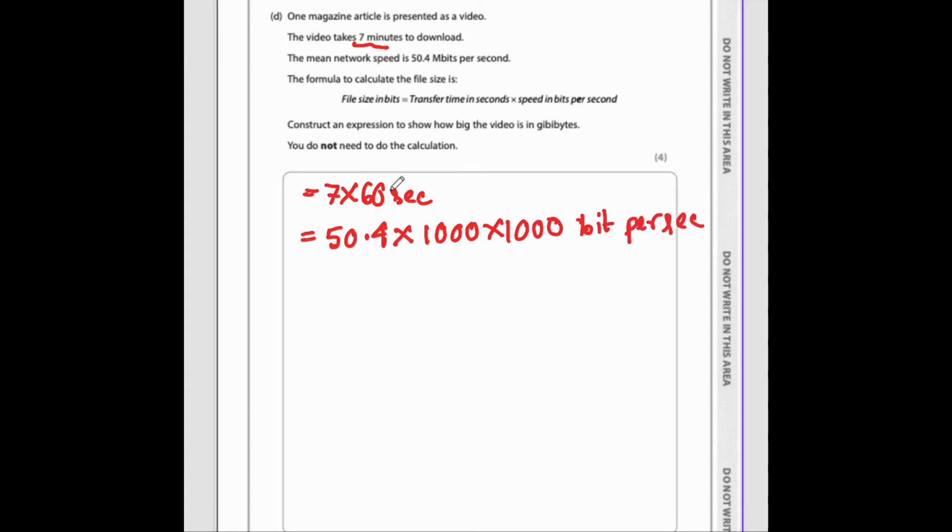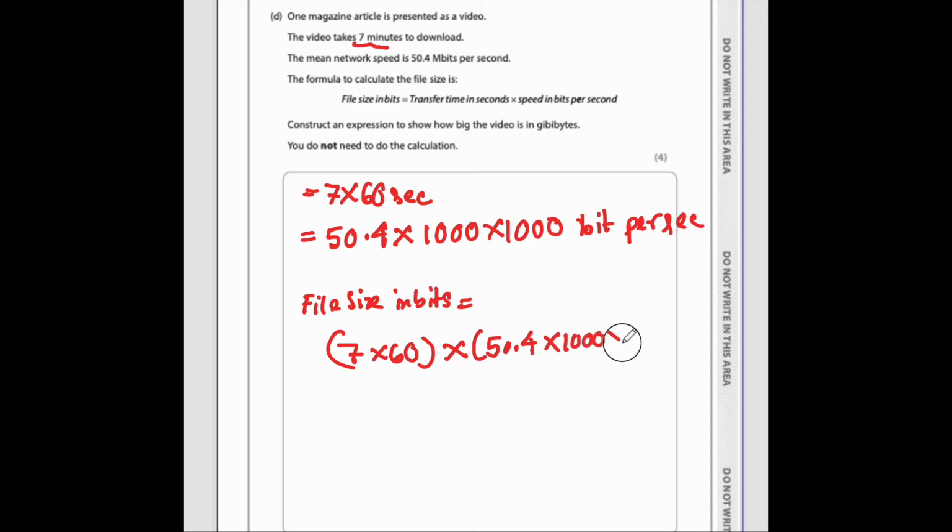So the file size in bits is 7 into 60 into 50.4 into 1000 into 1000.